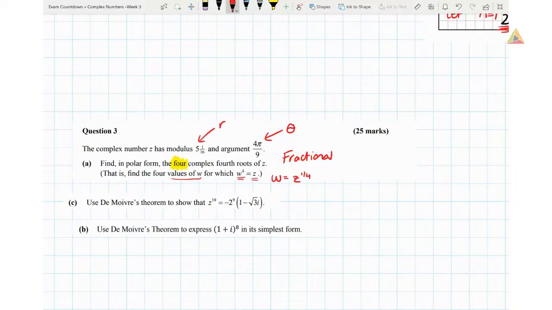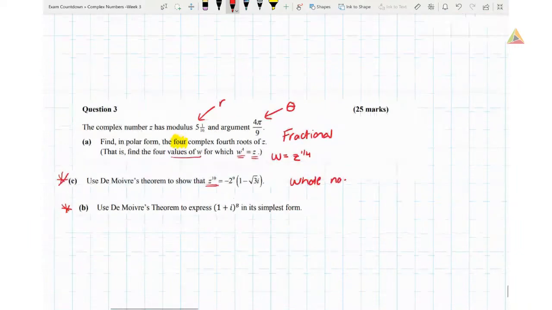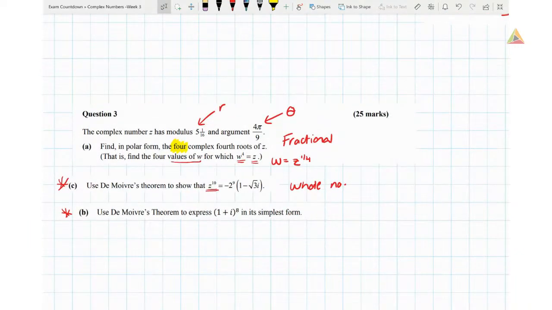There's my fractional power. This next question here, use the Myers theorem to show that z to the power of 10 is equal to that. So again, in the first part of that question, you will know what z is, and you're simply just raising it to the power of 10. So that's a whole number power. And this question, again, these are taken from 3 different questions, 3 different years, 3 different papers, but we're just looking at whether they're fractional powers or not.